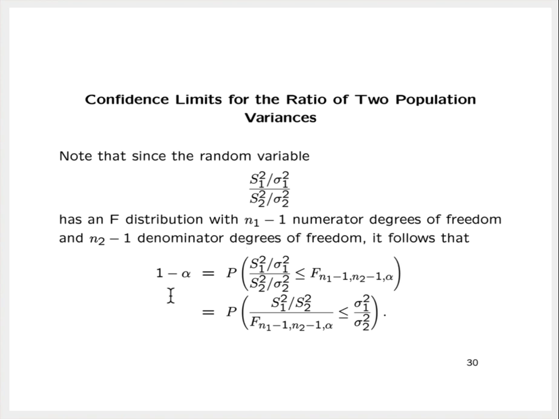We can rearrange the quantities inside the parentheses to get an expression involving the ratio of the population variances all by itself on one side of the inequality. And so that gives us the probability that sigma 1 squared over sigma 2 squared is greater than or equal to this random variable is equal to 1 minus alpha.